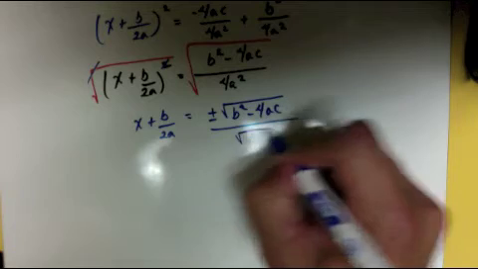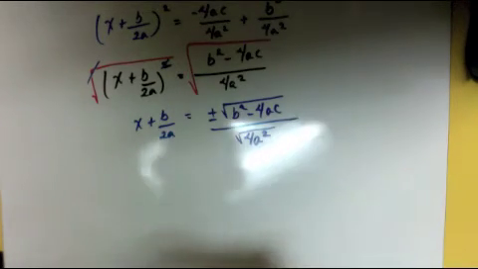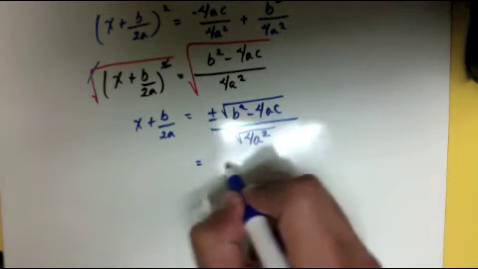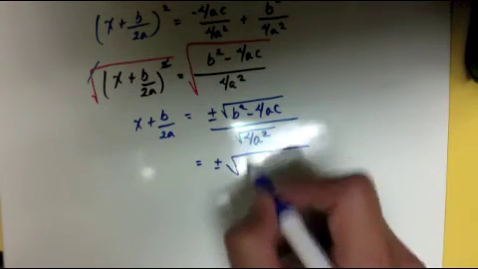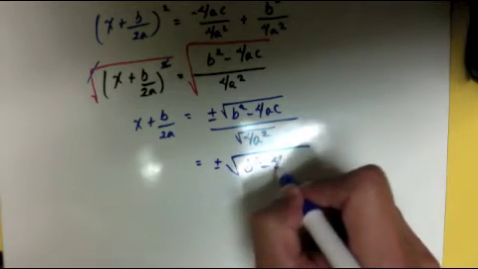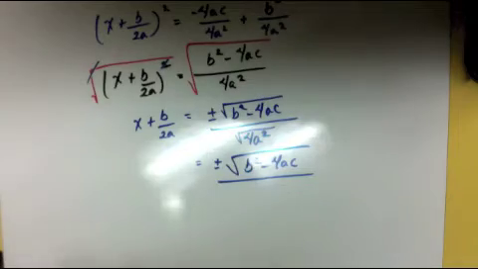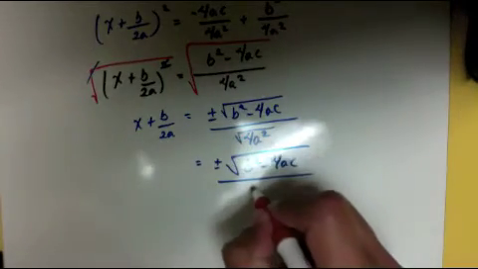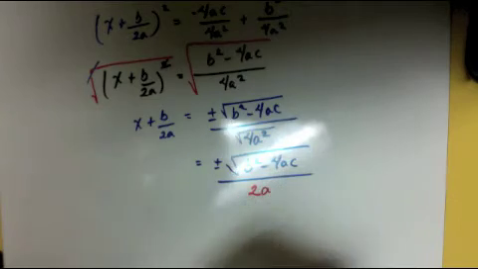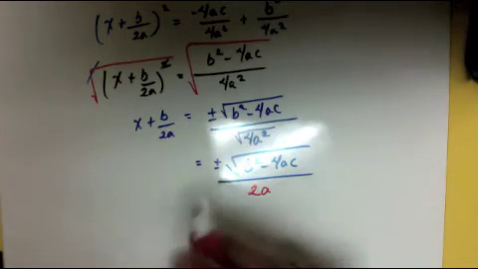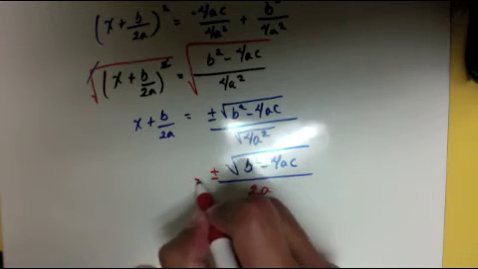On the bottom, the denominator, we have the square root of 4a squared. Now if you notice, this comes out very nicely. We have b squared minus 4ac on top. On the denominator, the square root of 4 is 2, and the square root of a squared is just a, so 2a. Now let me make this a little nicer.